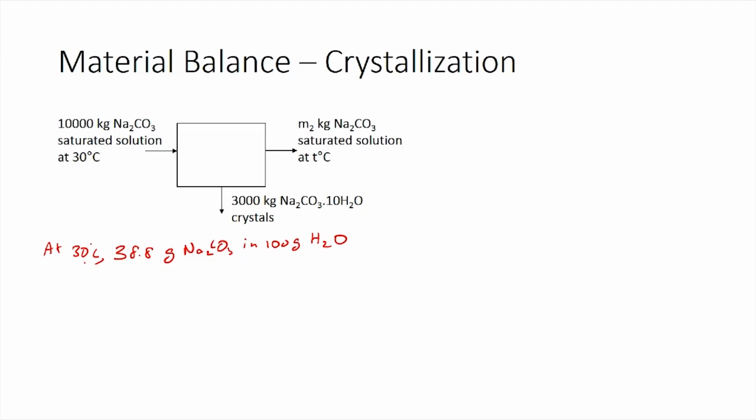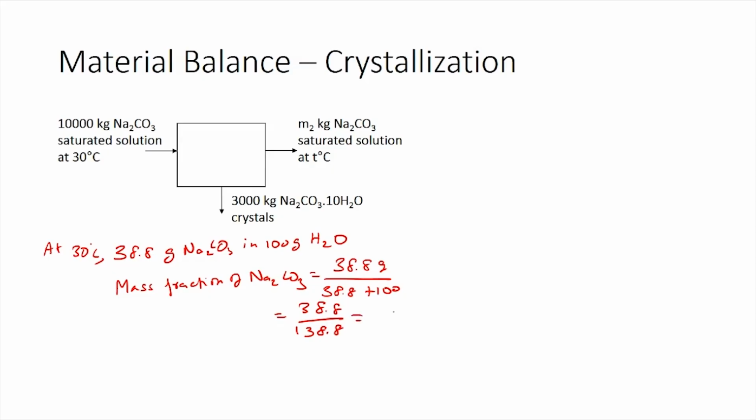This means the mass fraction of Na2CO3 can be given as 38.8 grams divided by the total mass of the solution, which is 38.8 plus 100, giving you 38.8 divided by 138.8, which is 0.280 grams per gram.